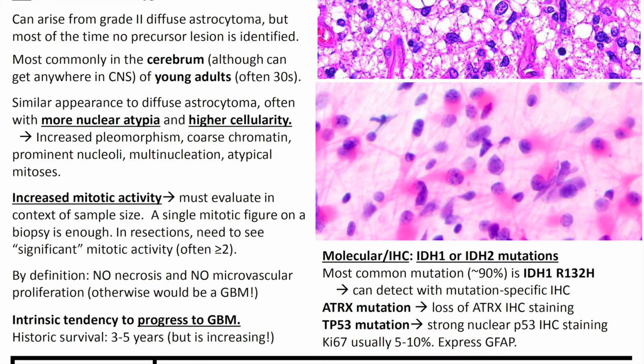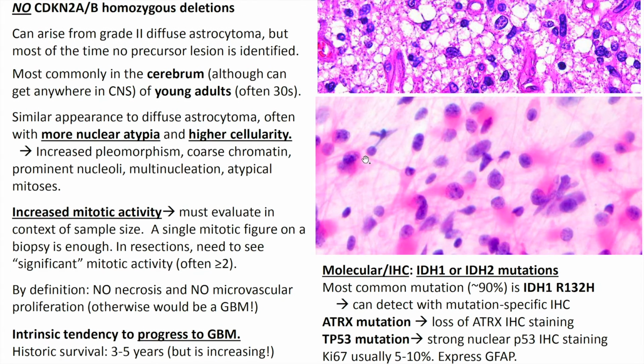So by definition, no necrosis and no microvascular proliferation occur in anaplastic astrocytomas. Otherwise, it would be a GBM. There is an intrinsic tendency to progress to GBM for a WHO grade 3 astrocytoma or anaplastic astrocytoma, and the historic survival is about 3 to 5 years, but is improving.